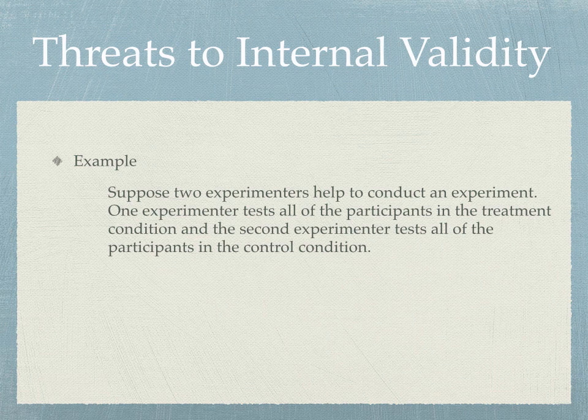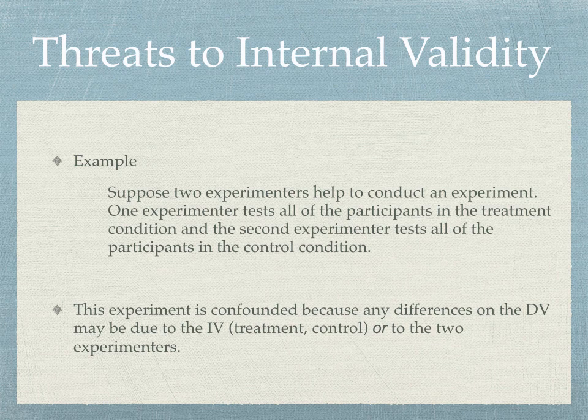By assigning one experimenter to the treatment condition and one experimenter to the control condition, we've allowed a third variable, in this case experimenter, to co-vary with our manipulation of the independent variable. Because of that, we know that this experiment is confounded.